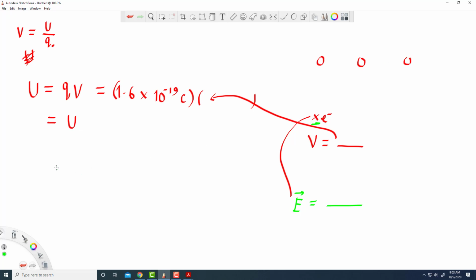Because the definition of electric field is force per unit charge, we can rearrange that to get F. F is Q naught E. With that you find the force, and the force will have the same direction as the electric field.